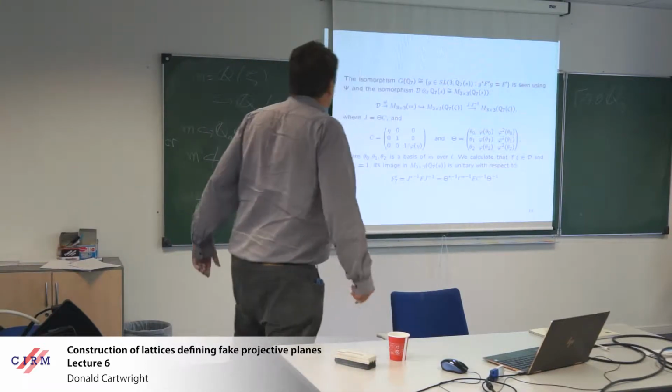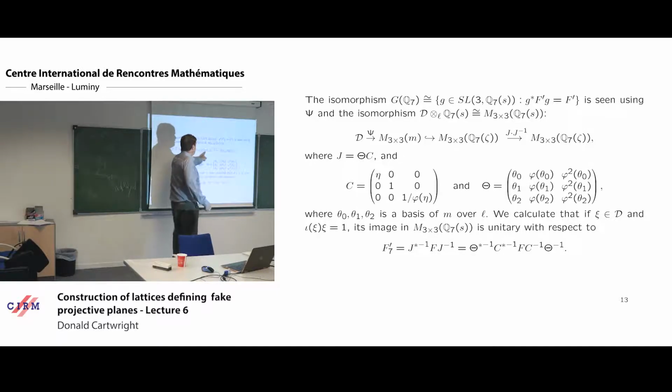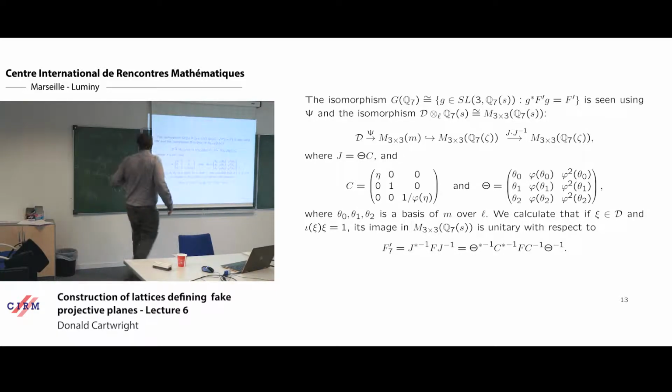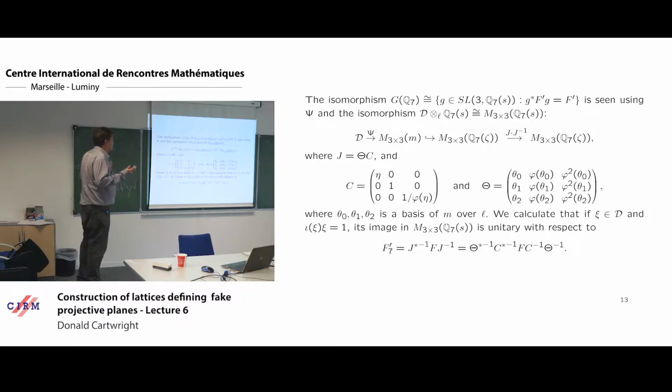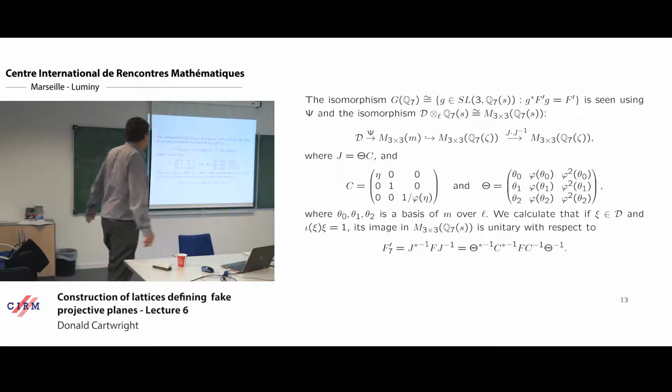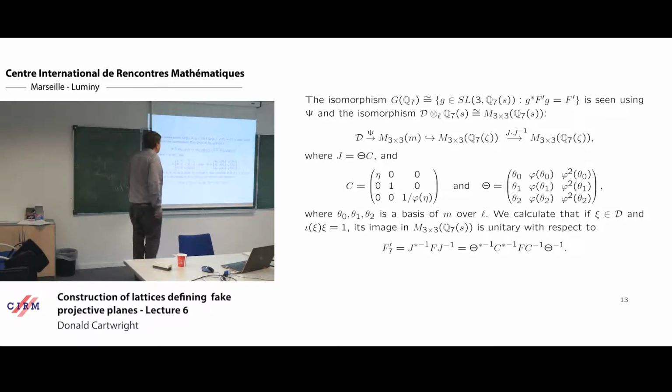If it does embed in Q sub Q of S, then you don't need to worry about that conjugation by J. It's easy. Life is simpler. All right, so when you unravel everything, you find that an element which is unitary with respect to iota goes across to a matrix which is unitary with respect to this thing. So it's a tedious but simple calculation. You follow your nose.